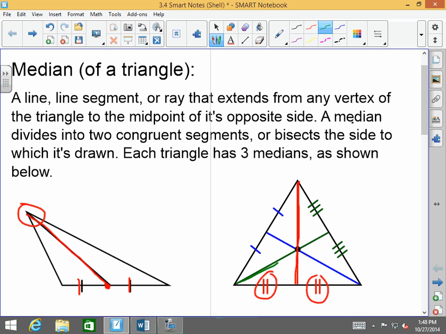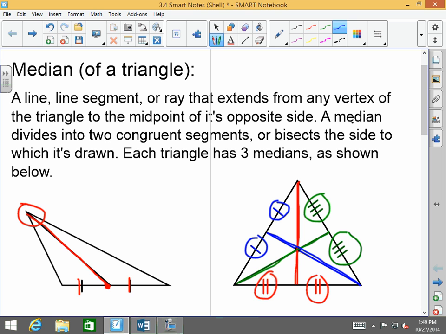The green median bisects the opposite side of that vertex. And the blue median bisects the opposite side of that particular vertex. So this is going to come back to haunt us a little bit later in the course, but when it does, you'll already know what's going on.